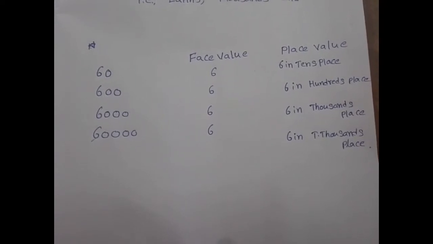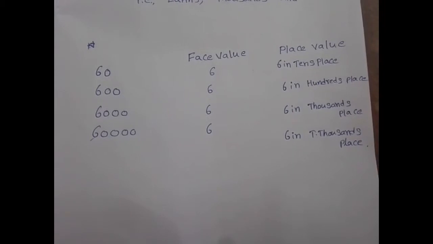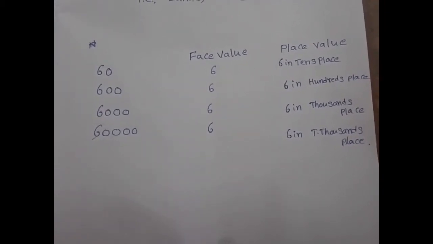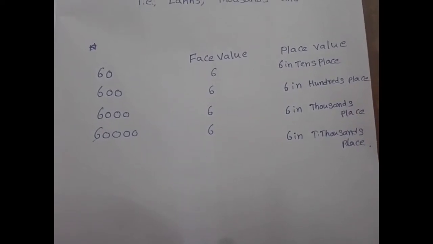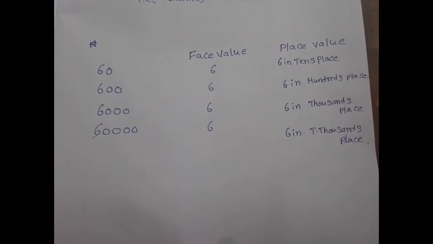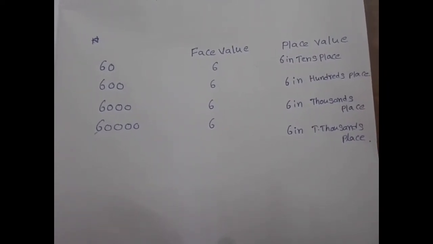In 60,000, face value is 6, place value is ten thousands. The face value of a number does not change, but the place value will change as tens place, hundreds place, thousands place, ten thousands place.